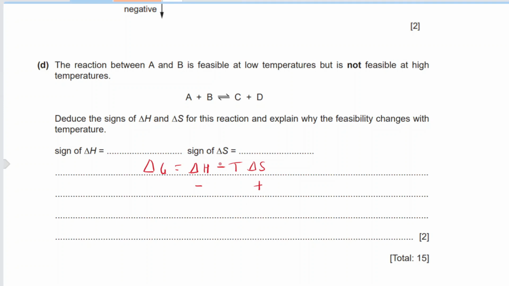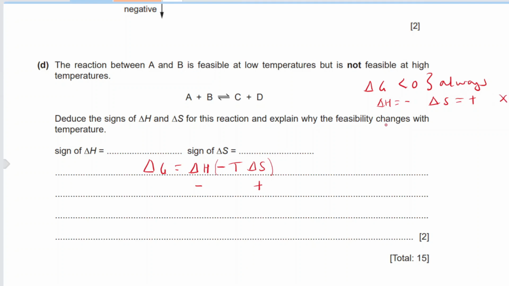So the answer here, from here until here, is negative, because positive times negative is negative, and then negative plus negative will be negative. So delta G in this case will always be less than 0, always, when delta H is negative and delta S is positive. But the reaction says that it is feasible at low temperatures but not at high temperatures. But here we see that it's always feasible. So this can't be our combination.